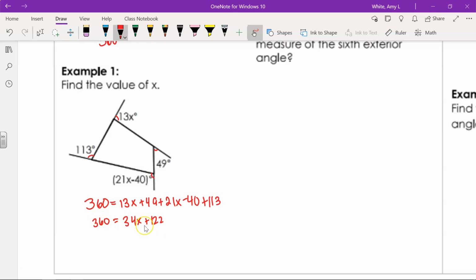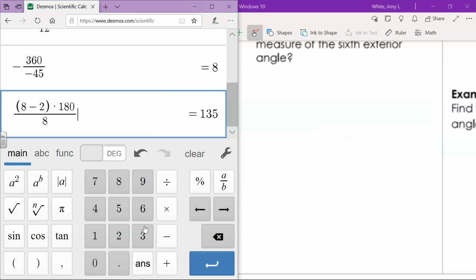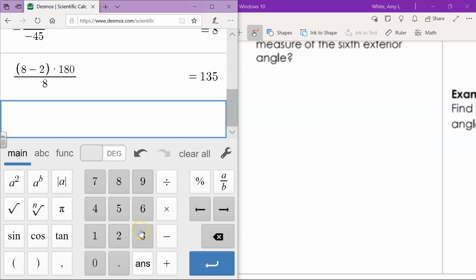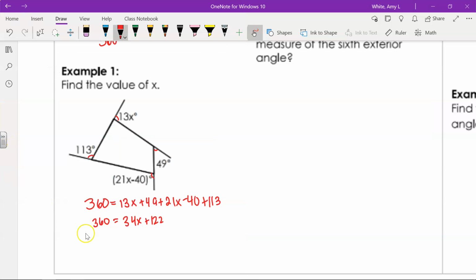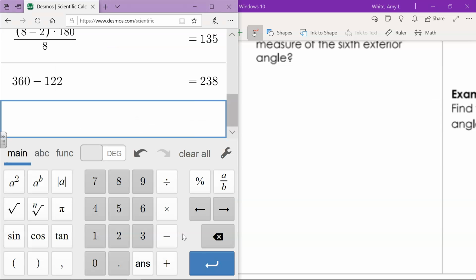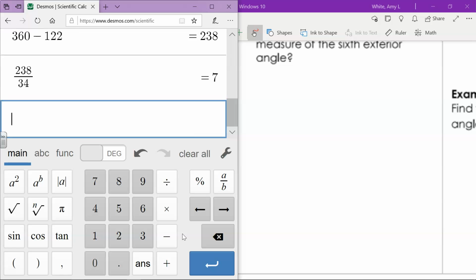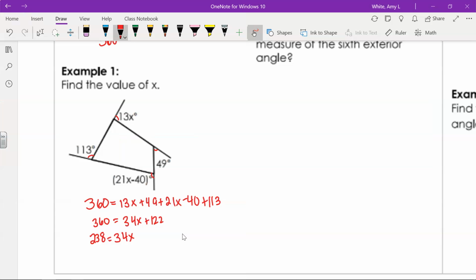I'm going to subtract 122 on both sides. So we're going to do 360 minus 122, and we get 238. So we get 238 equals 34x. And then I can divide both sides by 34, so I get 238 divided by 34, and we get that x equals 7.